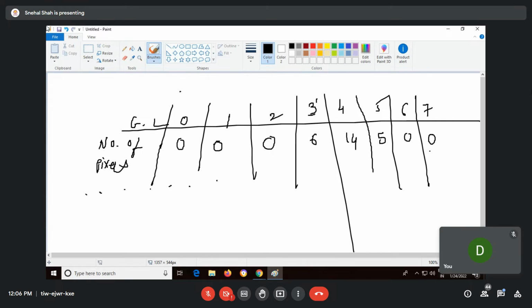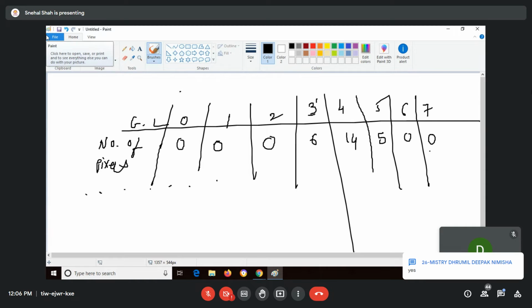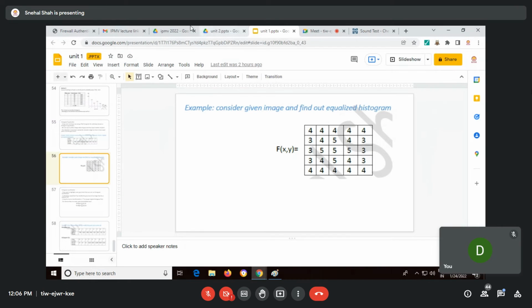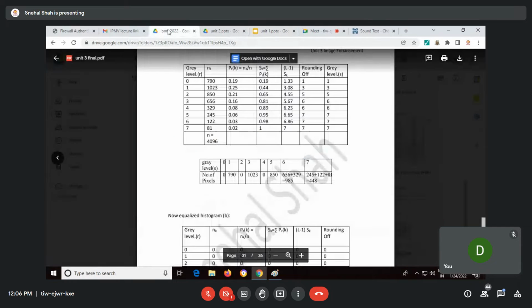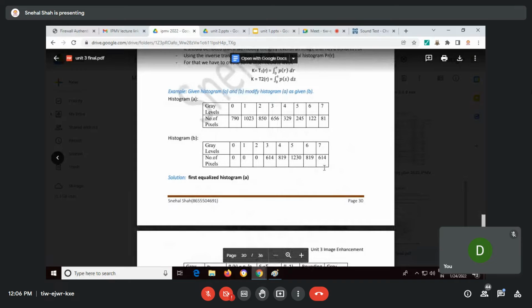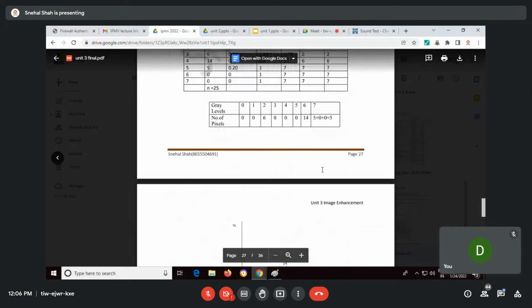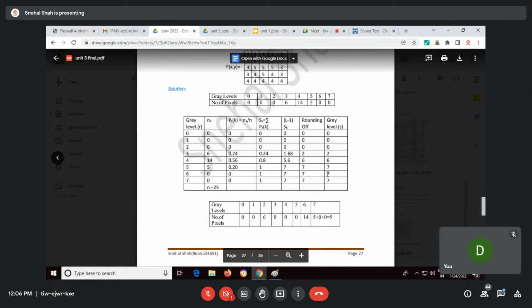ओके, मिल गए न्यू ग्रे लेवल्स ऑफ एस. बाकी स्टूडेंट्स, ओके, सो चेक योर आंसर. ये मिला आपको, चेक करो.